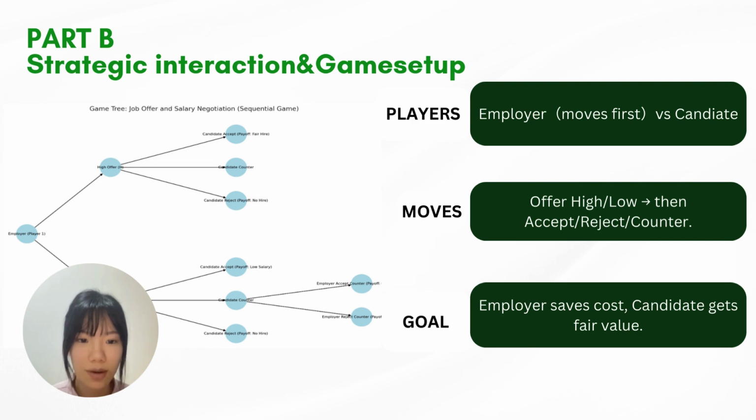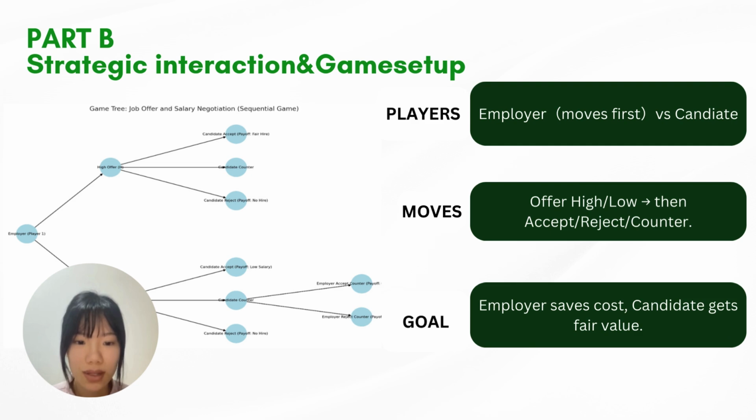The employer, as the first mover, makes a key decision to offer a high or low salary. This initial offer sets the anchor for the negotiation. The candidate, as the second mover, observes the offer and then chooses to accept, reject, or counter.